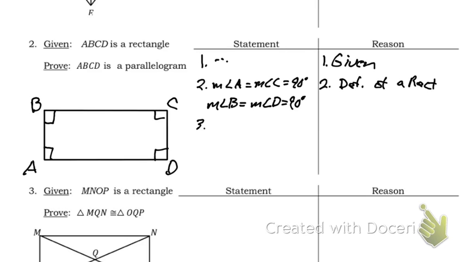So we can then say ABCD is a parallelogram, because of theorem 5.6, because theorem 5.6 says if your angles across are congruent, then it is a parallelogram. Is that good, Davion? I think so, because you're working on your homework now.